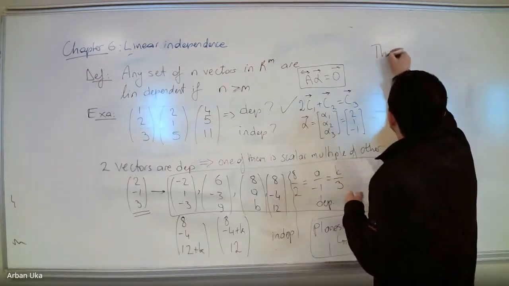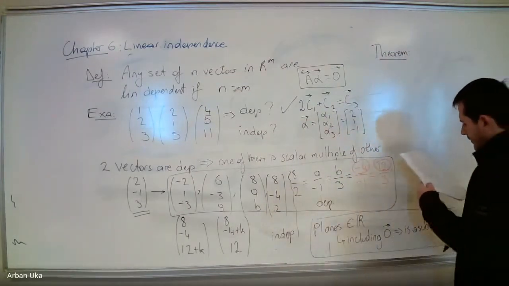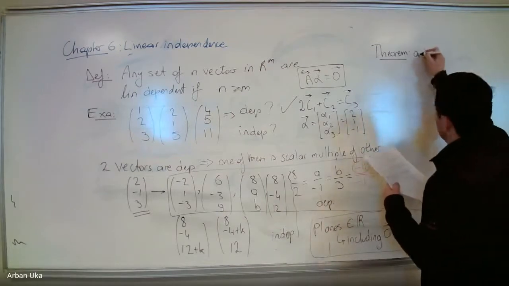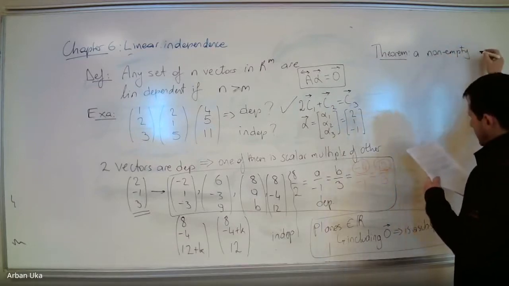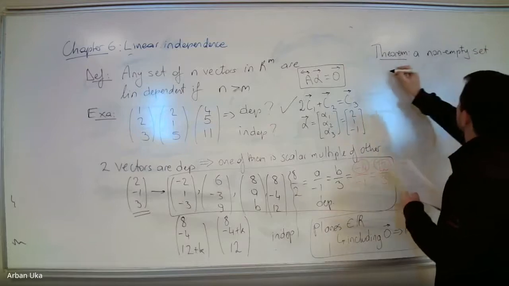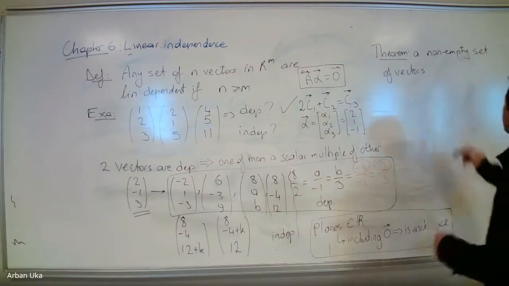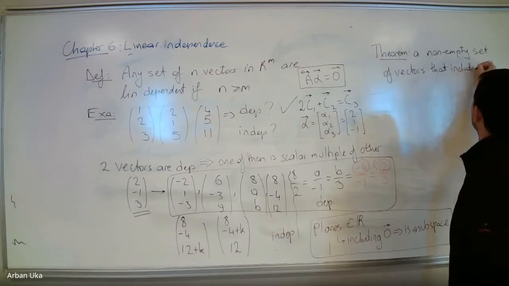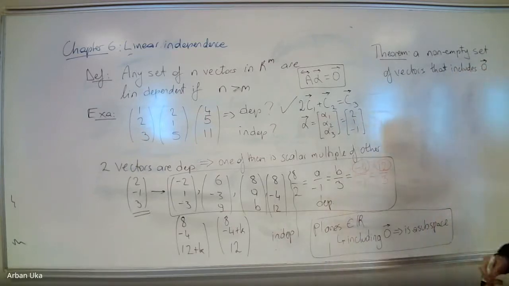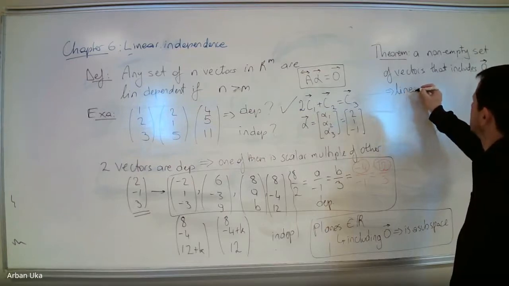We remember this from the discussion of spaces and subspaces, and regarding this, we can construct a theorem which says that a non-empty set of vectors which includes the zero vector, then this one we call linearly dependent.